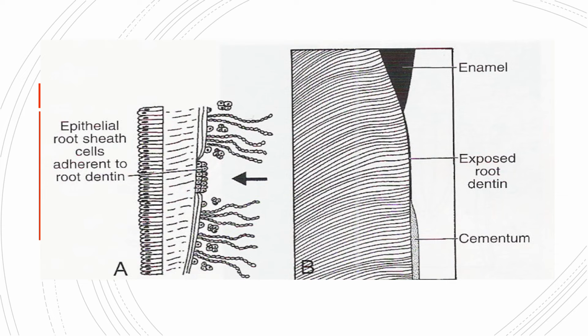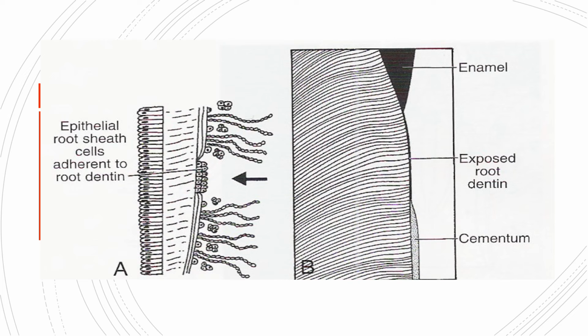There will be development of lateral, supplemental, or accessory canals, and when this area is devoid of dentin, there will be no cementum and sensitivity of the teeth, and also gum recession.